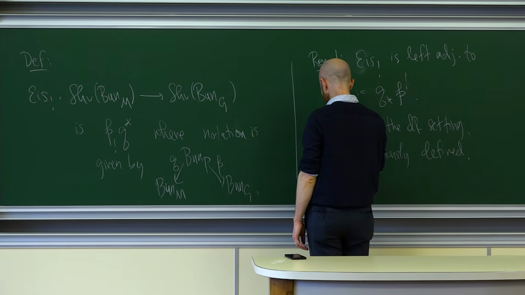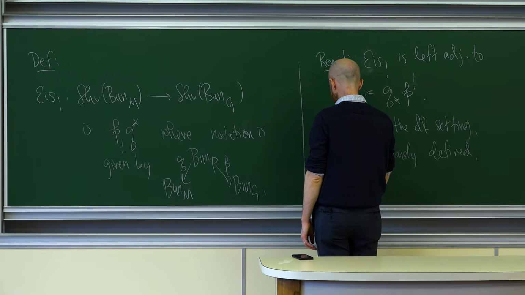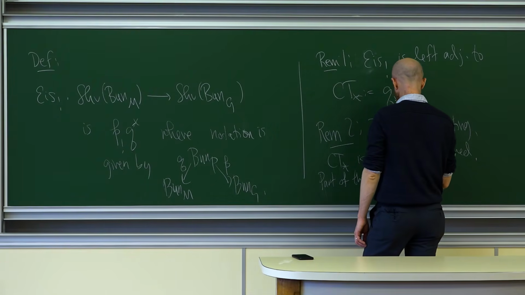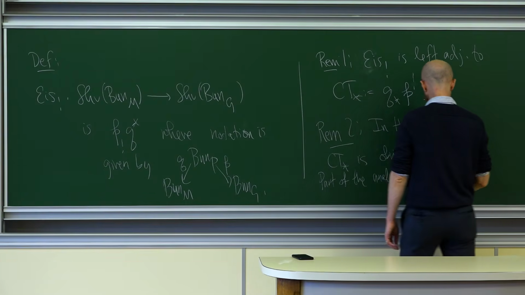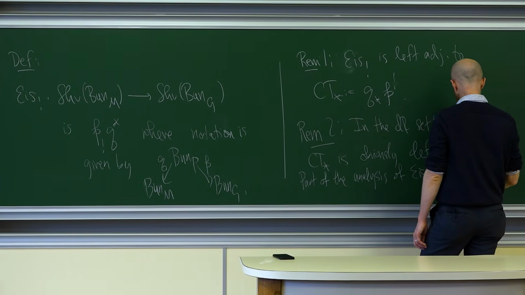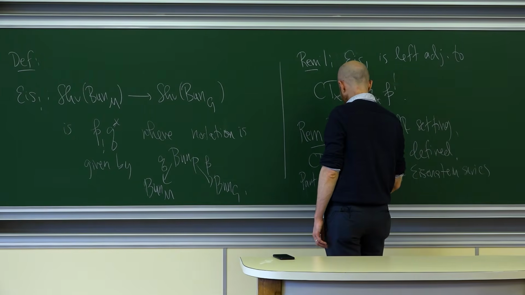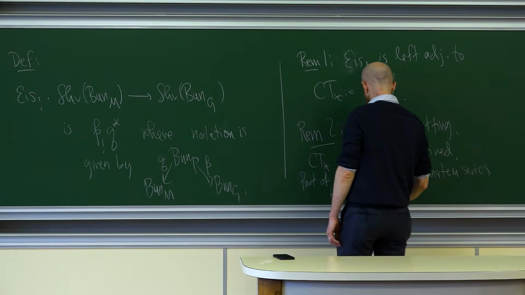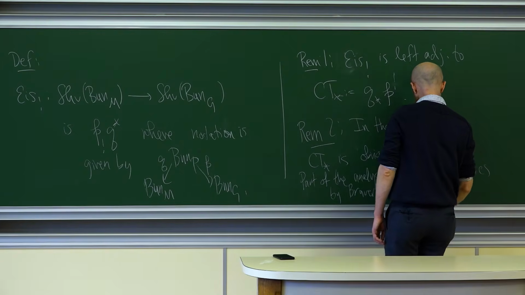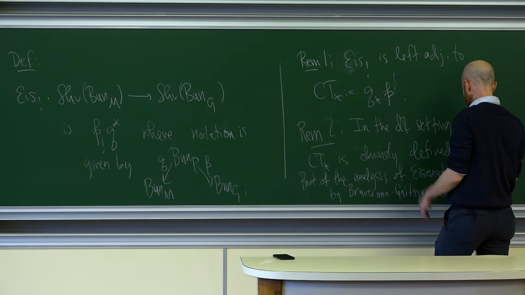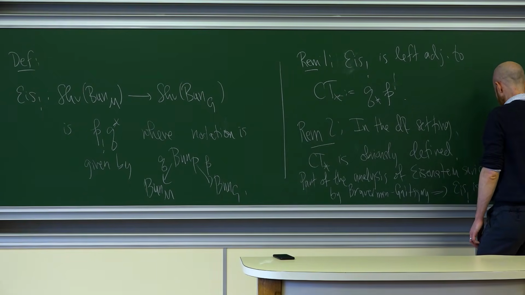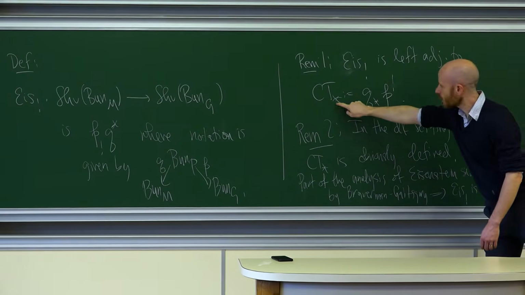And part of the initial analysis of Eisenstein series by Braverman and Gaitsgory implies that the left adjoint actually is defined here. So in other words, that the left adjoint to this functor exists.